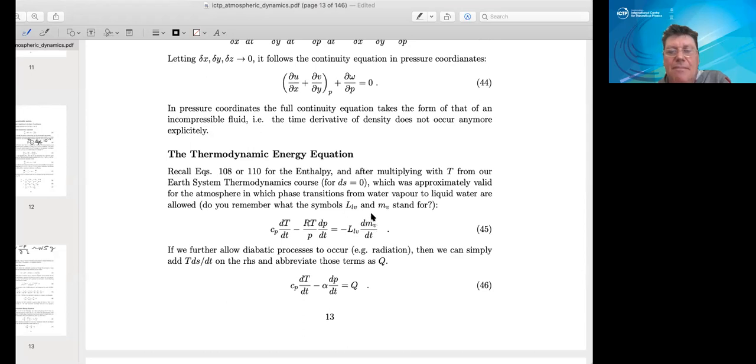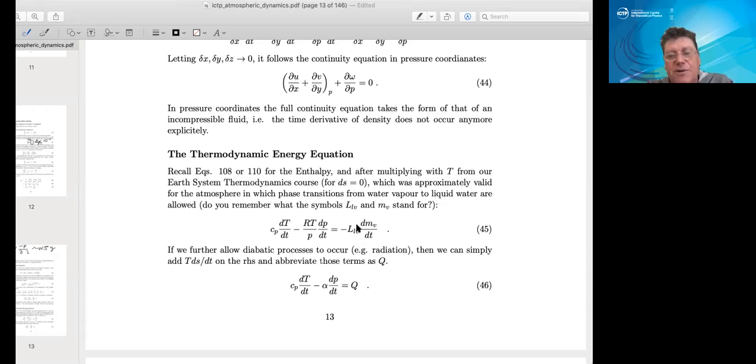And m would be the mass fraction of water vapor, which is equivalent to the specific humidity q. So this would be one way to express a diabatic heating term on the right-hand side. But in reality, there can be many more.